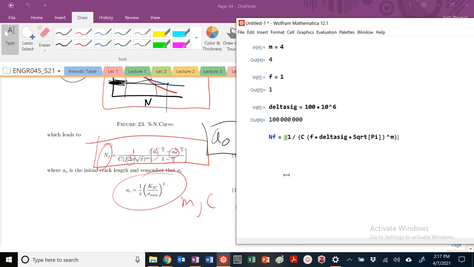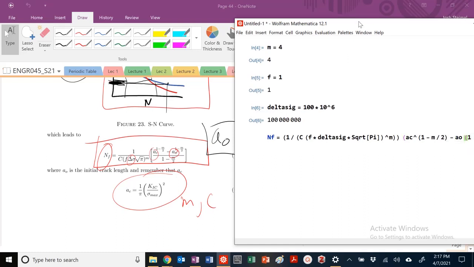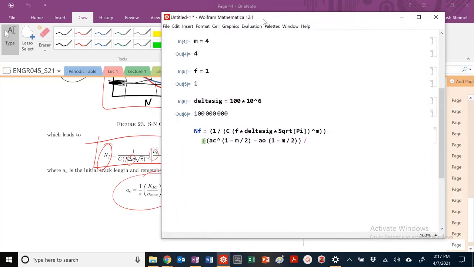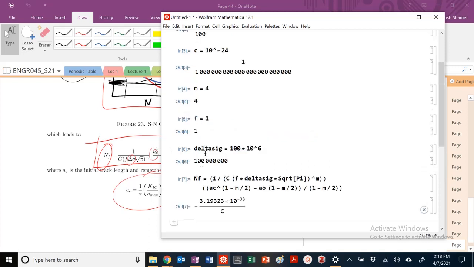Then we multiply this whole thing by a sub c to the (1 minus m) divided by 2, minus a sub 0 to the (1 minus m) divided by 2. So 1 minus m divided by 2.